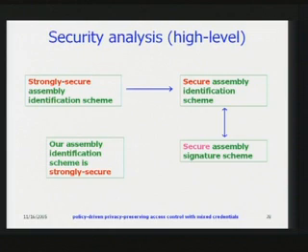So what is missing is just this piece. If we can prove that our assembly identification scheme is strongly secure, then immediately it means that it is secure. And if it's secure, then the signature scheme is secure. So all the properties are rigorously defined, and we formally achieve what we want from a security perspective.